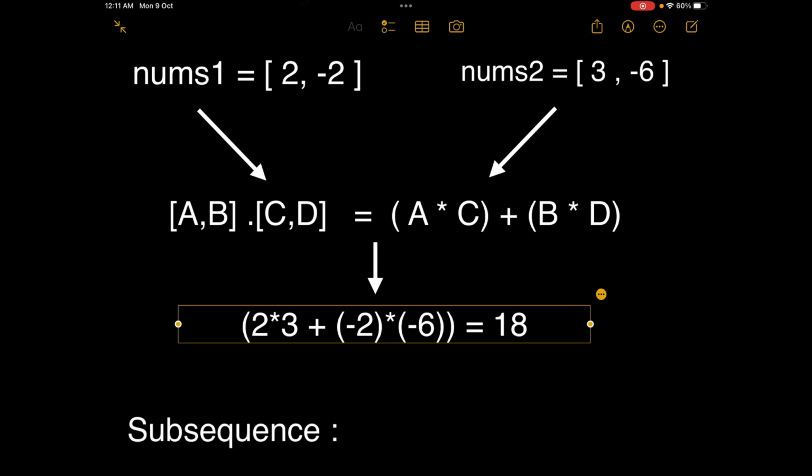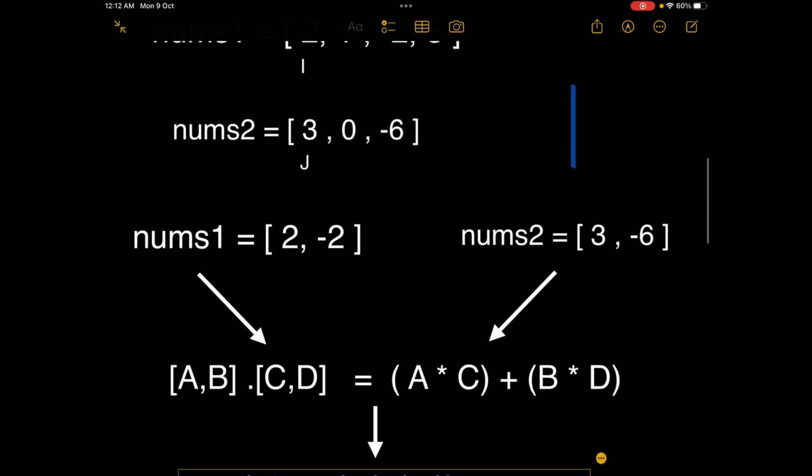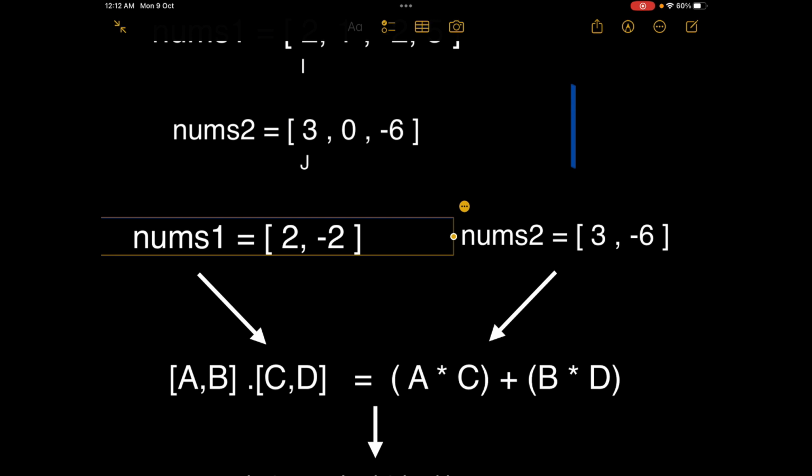Since b and d are negative numbers, we add brackets so that the compiler or interpreter does not get misguided, which could lead to a wrong answer. After using it, we got our result as 18, which is the dot product of these two subsequences of nums1 and nums2.